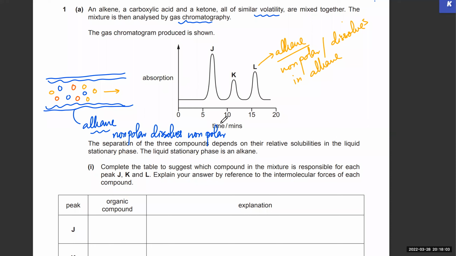The first one to reach, the least amount of time that would be taken, would be taken by J. And J would be carboxylic acid. Why? Because this one would be carboxylic acid, because it's polar, it does not mix with the alkane, which is the stationary phase.